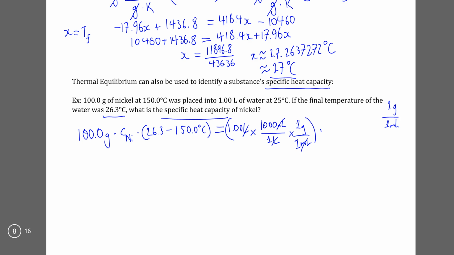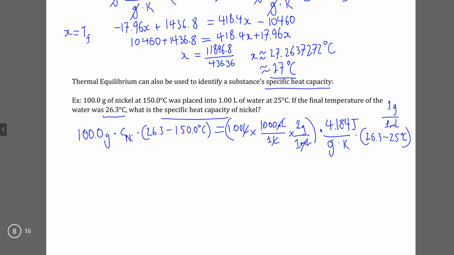We know the specific heat capacity of water, 4.184 joules per gram of water per degree Kelvin that we increase. And we know that the change in temperature is going to be final temperature 26.3 degrees, initial temperature is 25 degrees yet again.